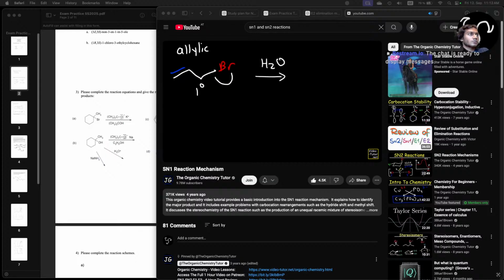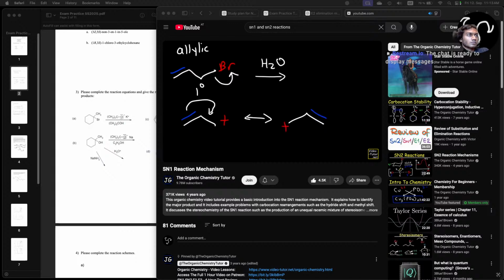Now, once the bromine atom leaves, we're going to get a primary carbocation. But this primary carbocation is stabilized by resonance, so this double bond can move here, and the positive charge is shared between two carbon atoms.